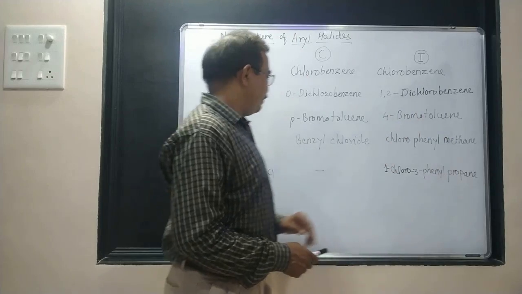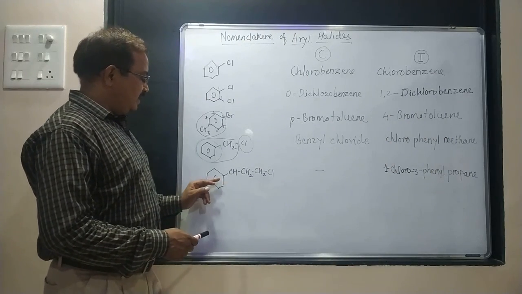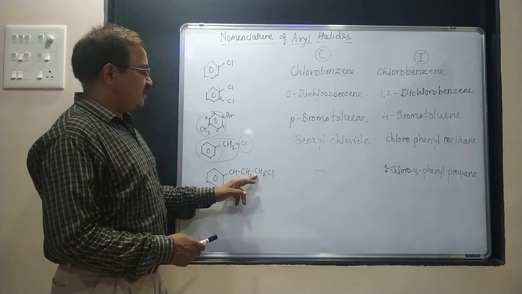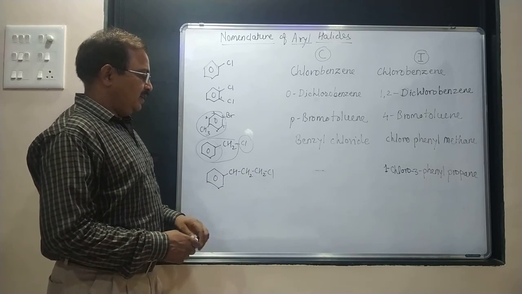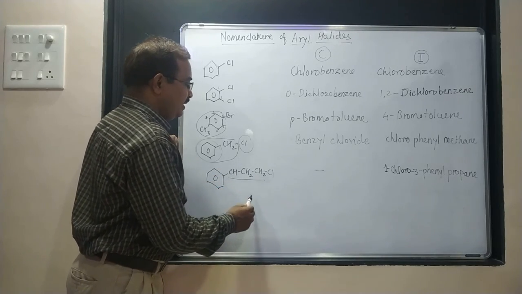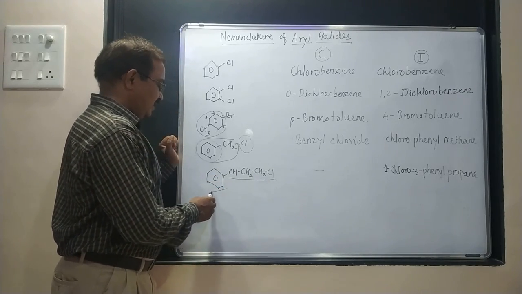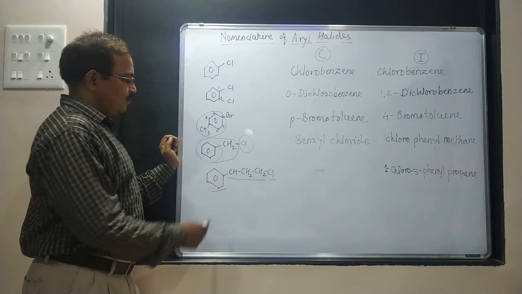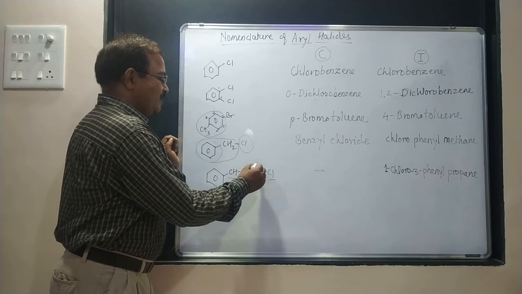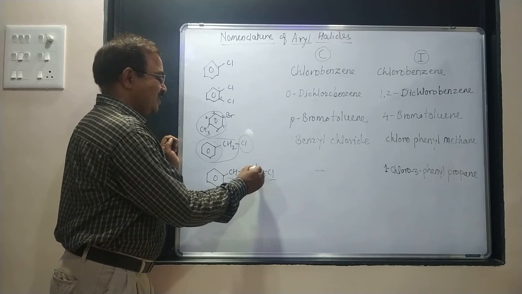Now, the next compound is, here a benzene ring is there, CH2, CH2, CH2, Cl. In this case, the corresponding alkane will be propane. This is the one branch. Another group is there, so phenyl group and chlorine. We have to give preference to the halogen first instead of the phenyl.